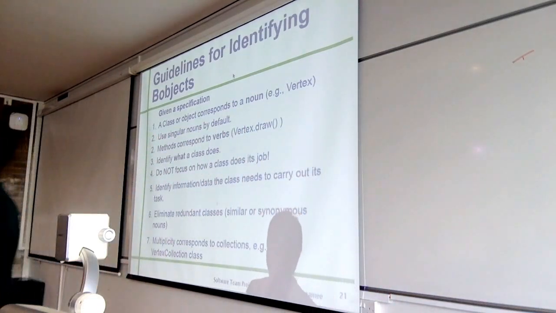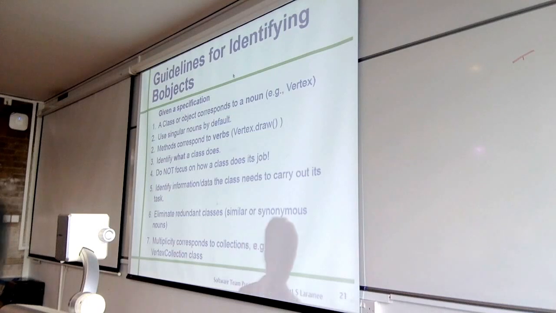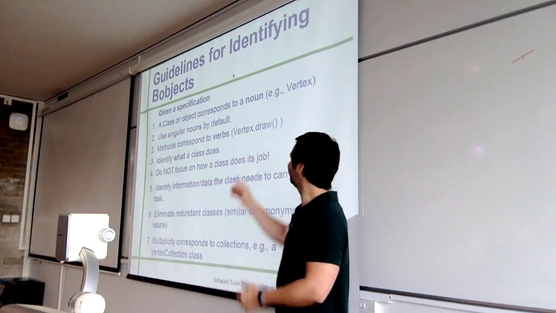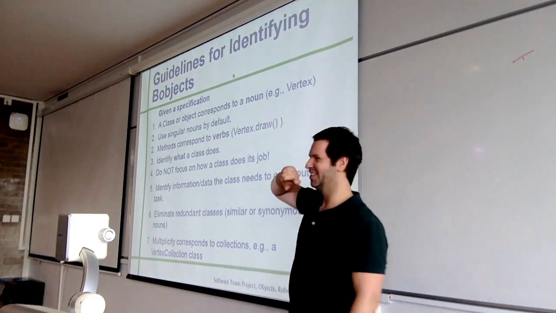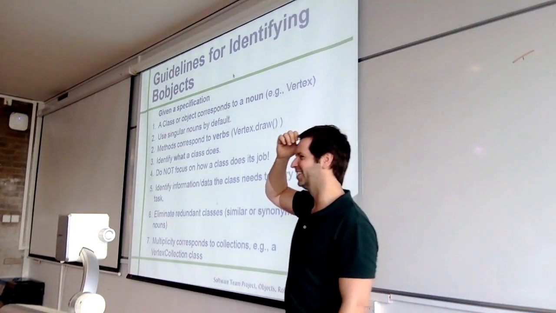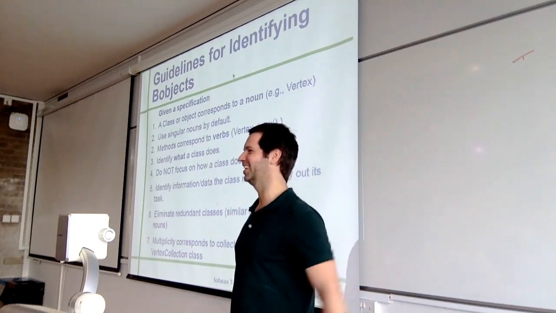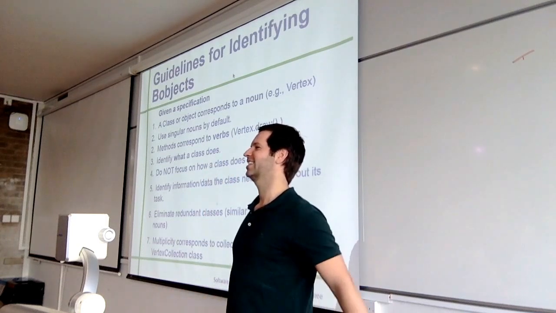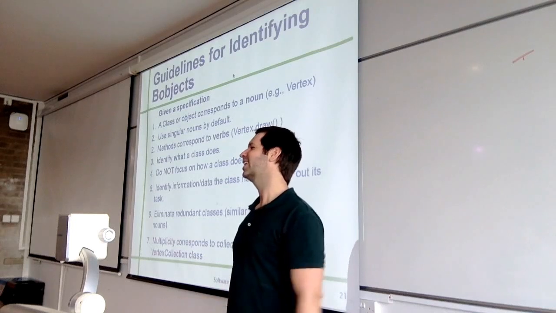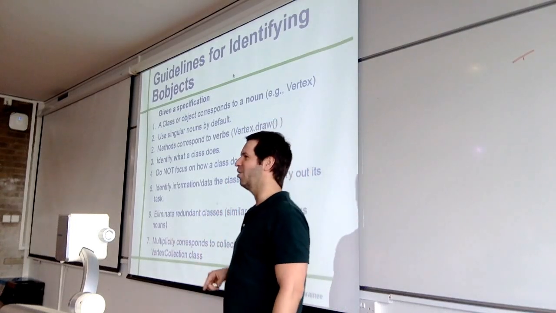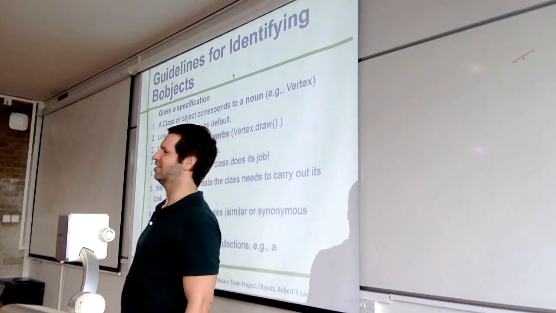So what about cursor? Is cursor a noun? It is a noun. Then it's a candidate object. That's the first rule, the first guideline. The rule is if it's a noun, it's a candidate object.